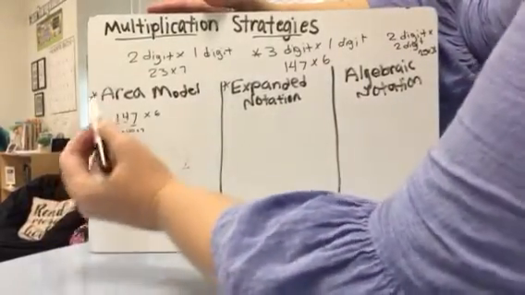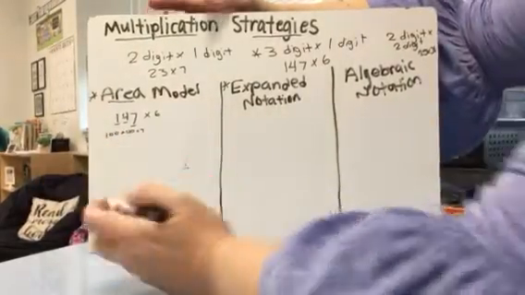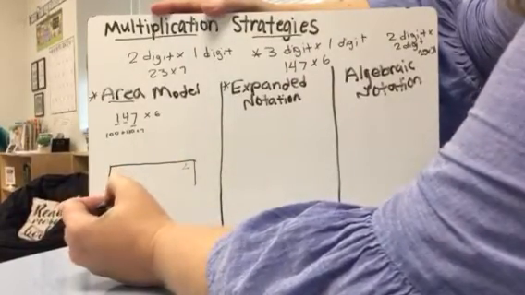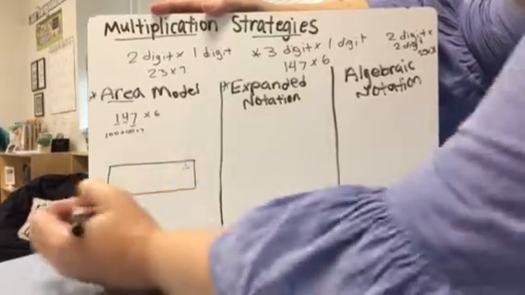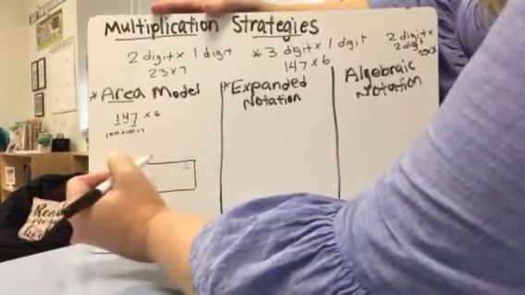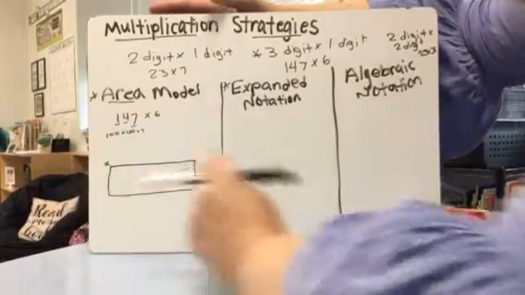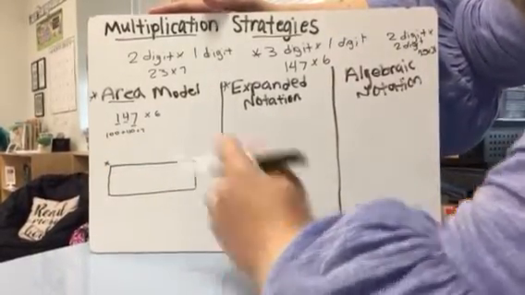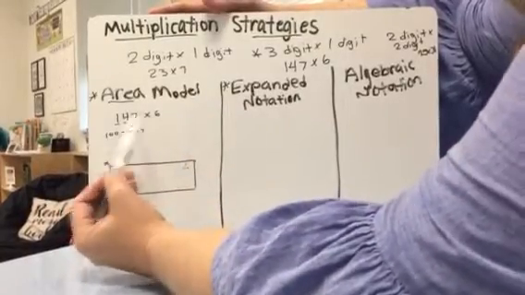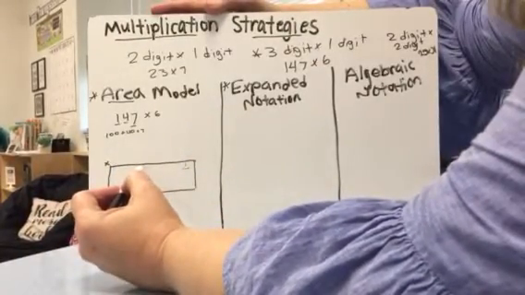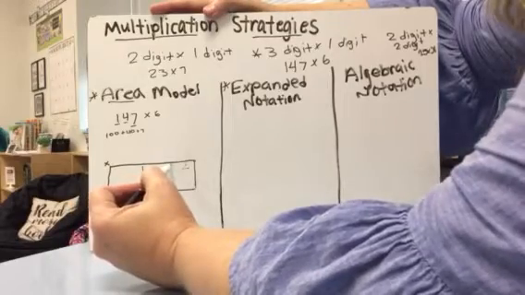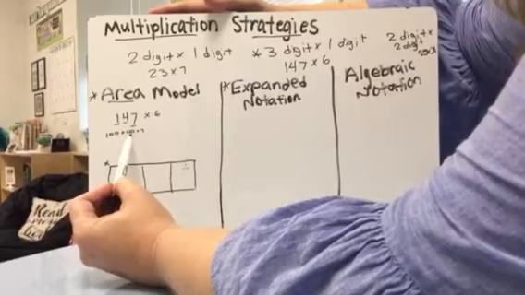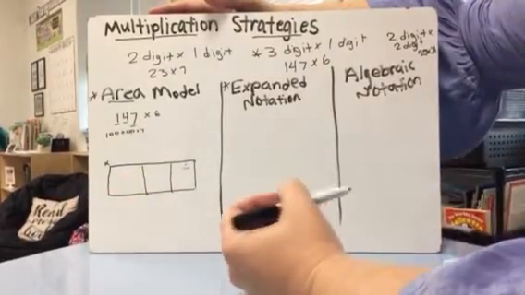And then for the area model, it brings us back to the idea of finding the area of a rectangle, which is length times width. So we are multiplying all the way through. We multiply whatever's over here by whatever's over here. A multiplication sign right there if that helps students remember. So when we take a look at this, because I have 3 digits by 1 digit, I need to break my rectangle into 3 sections, because I'm going to have a 100 section, a 10 section, and a 1 section.